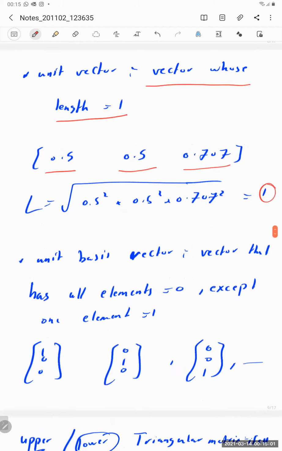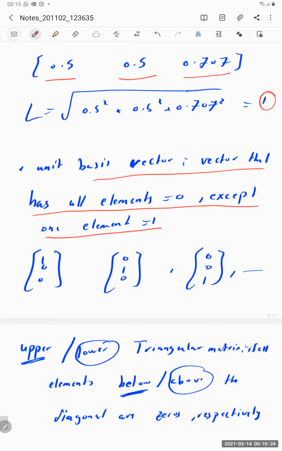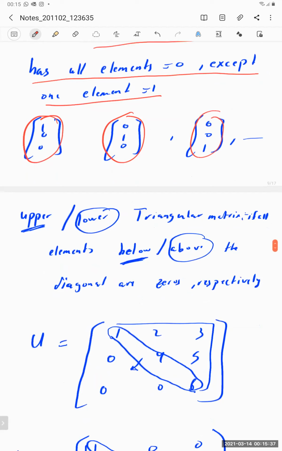This is how to get the length of the vector. This is of course used in statics, where you can work with dimensions or unit vectors to express the direction of whatever vector you have. A unit basis vector is a vector that has all elements equal to 0 except one element equal to 1, like this one, this one, this one, and so on. Of course, these examples you will see later in the vibration course when you start talking about mode shapes.